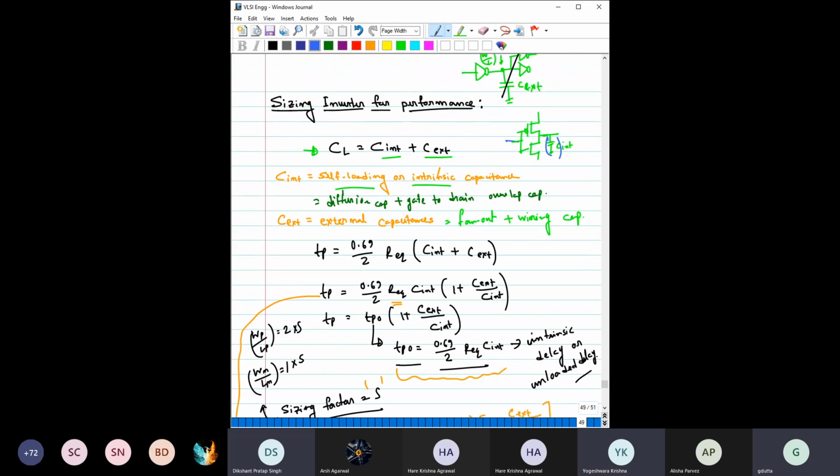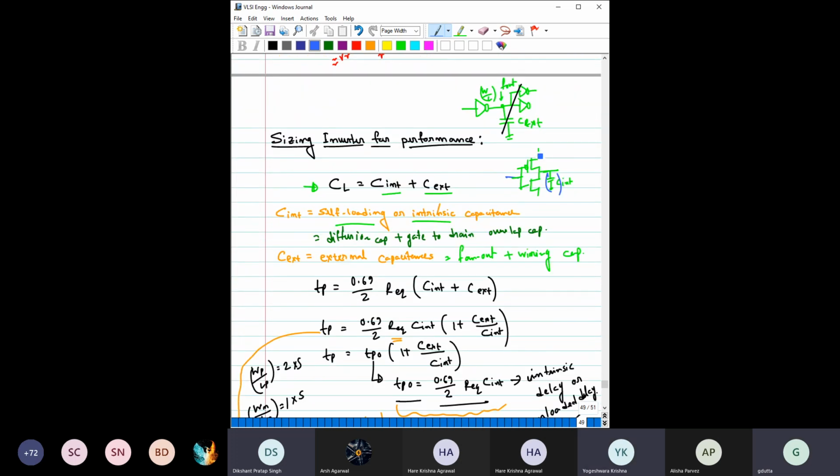And one more thing: suppose this is the load and this is the inverter, and you can arbitrarily make this inverter large. But we also have to remember that there is some gate before it driving this inverter. If you make this inverter pretty large, then its gate capacitance is going to be extremely large, and for the previous inverter, which is driving it, that is a huge load.